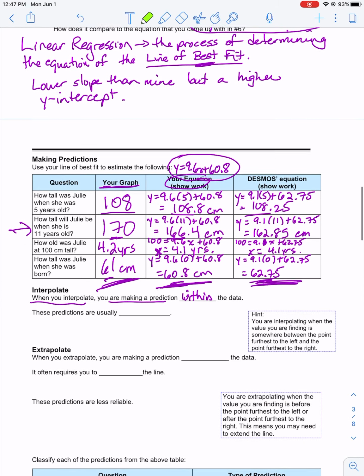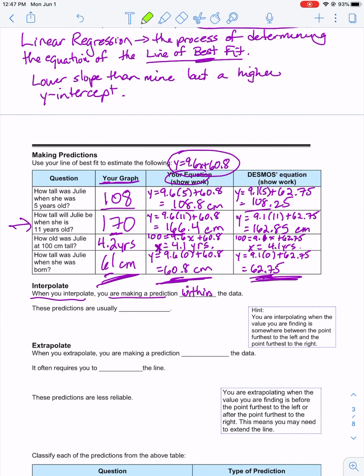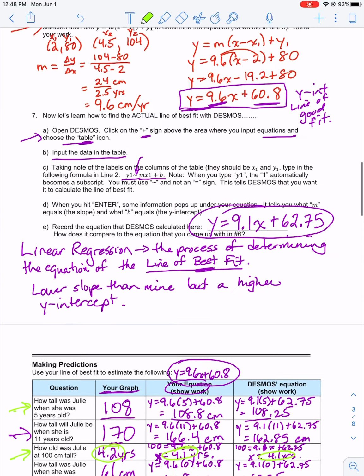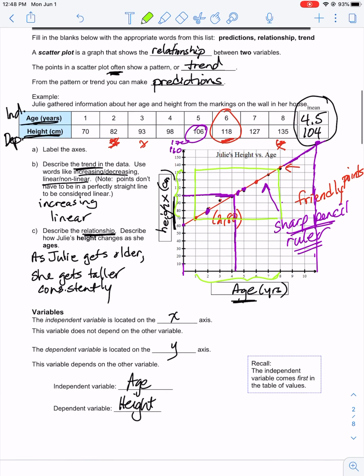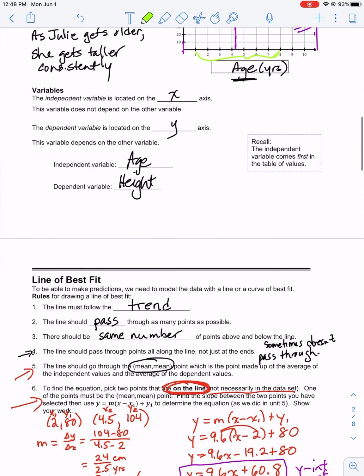For instance, when we looked at how old was Julie at 100 centimeters tall, that's within that range of 70 to 135. That would be called interpolation. So when we calculated the 4.2 years, the 4.1 years, and the 4.1 years, that was all interpolation. Or, how tall was Julie when she was 5 years old? We had an actual number: she was 106 centimeters tall.